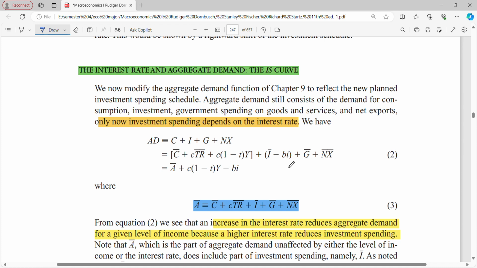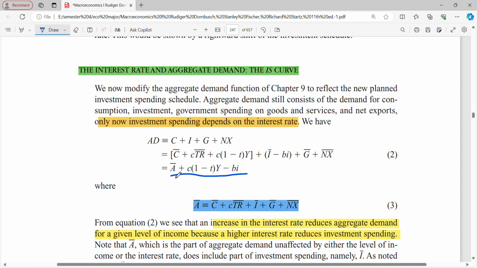G is autonomous government spending, and NX is the autonomous net exports. Both are autonomous. They are not dependent on anything. So we can write all the autonomous elements as A bar, plus the remaining ones in this form.